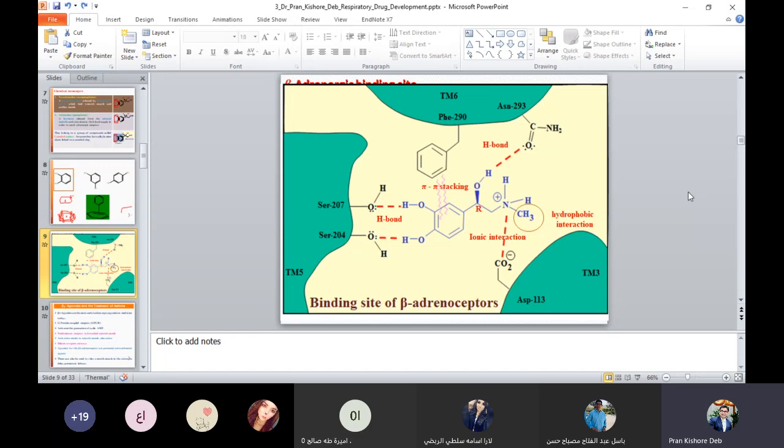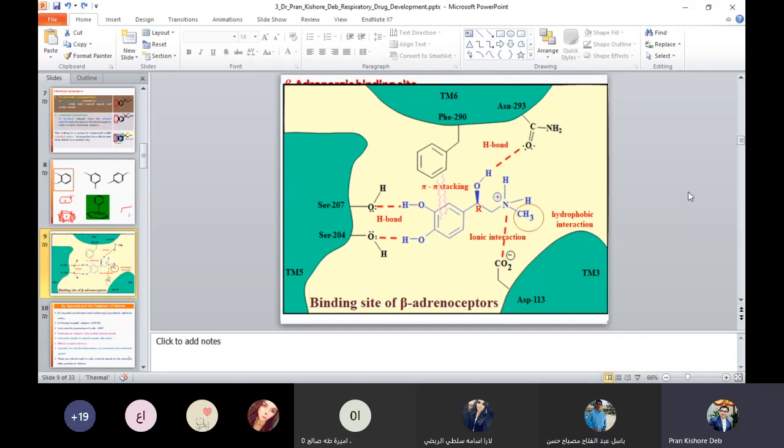Let me see who remembers this. This is the crucial point of discussion in today's class regarding this methyl group, or we can say alkyl group. The alkyl group is attached to the nitrogen, and the alkyl is responsible for the selectivity in the receptor pocket. So the alkyl group attached to the nitrogen atom is responsible for the selectivity of the drug.